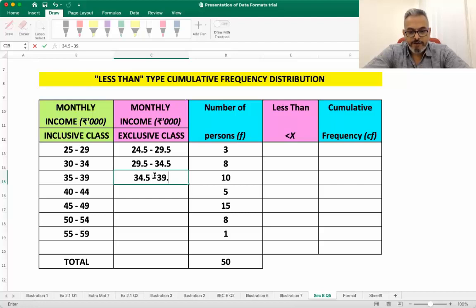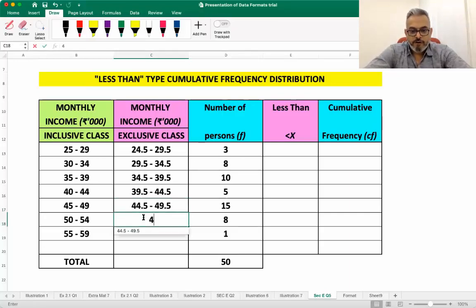to 39.5, 39.5 to 44.5, 44.5 to 49.5, 49.5 to 54.5, 54.5 to 59.5. So this is compulsory.